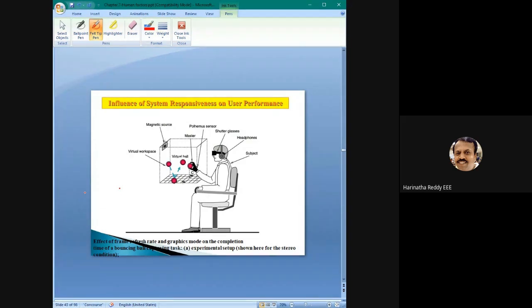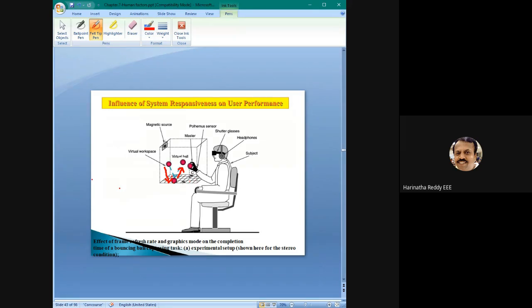Take a look: initially the ball is here, then it is coming forward and hitting the floor, and then bouncing back. Is it clear? And again the ball tries to bounce on the floor. Like that.